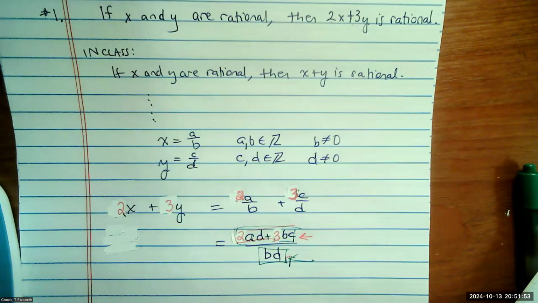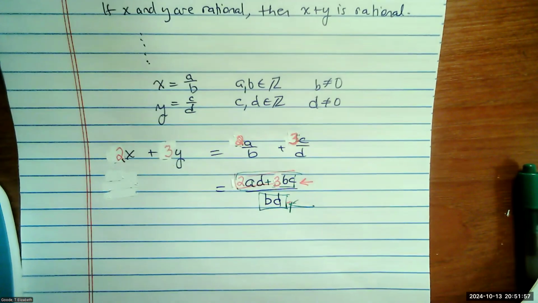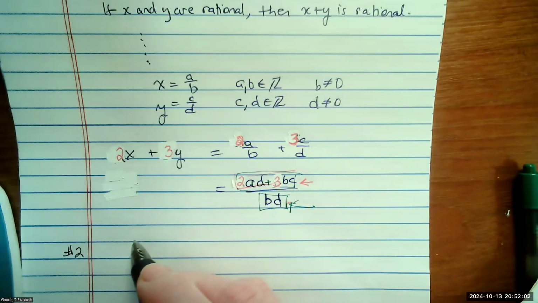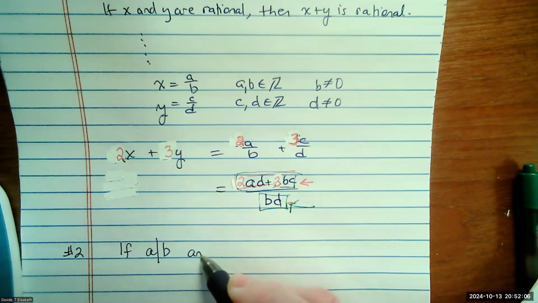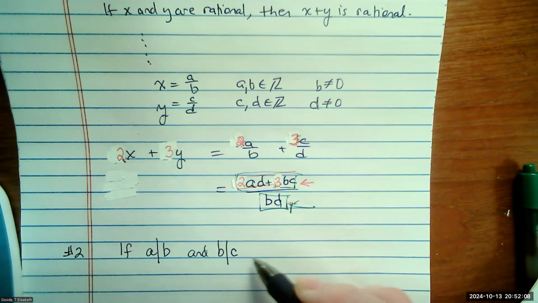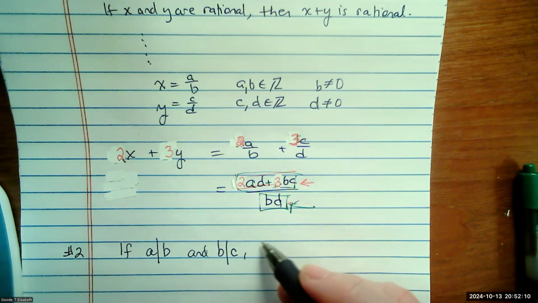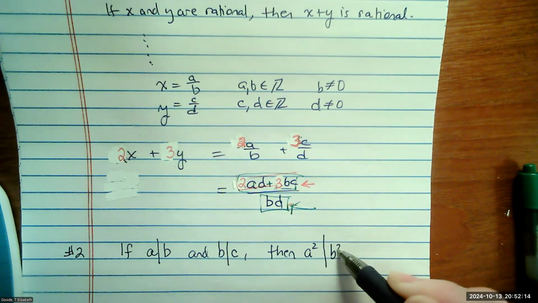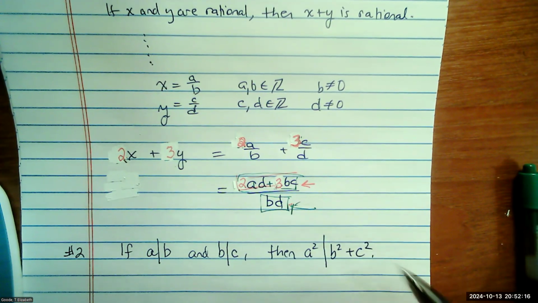Did you even look at number 2 yet? I'm looking at it right now. Let's look at number 2. It says, if A divides B and B divides C, then A squared divides B squared plus C squared. Now we did a bunch of these in class.